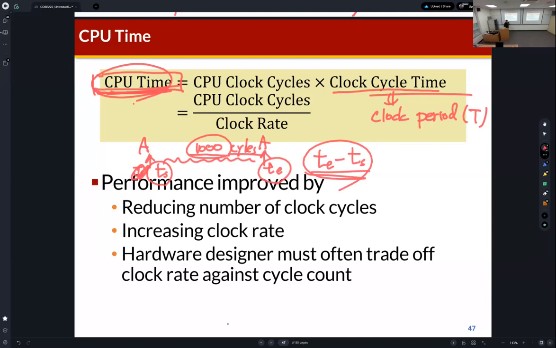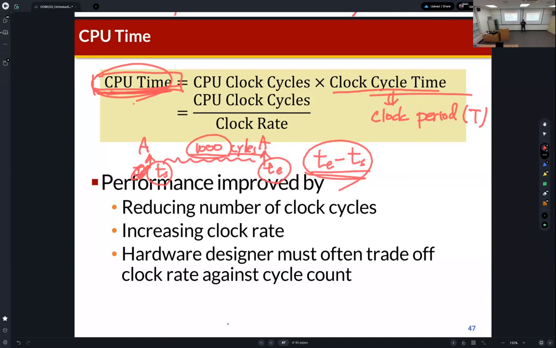The clock period is a repeated signal, so every clock has the same clock period.